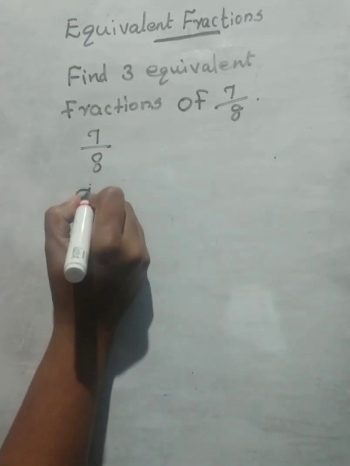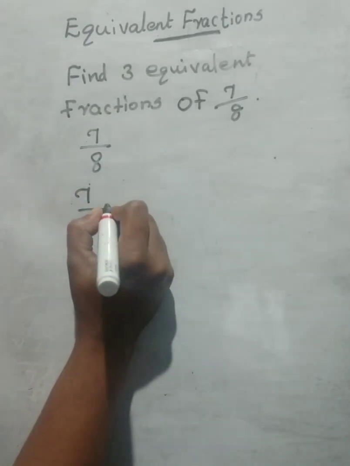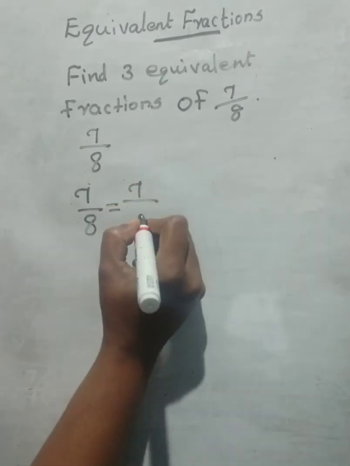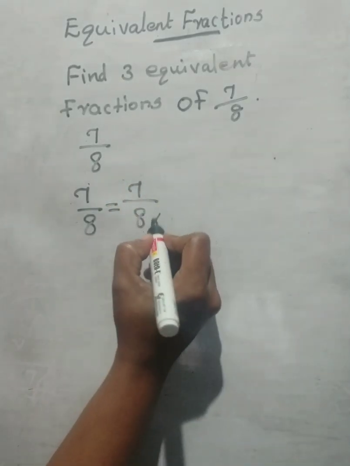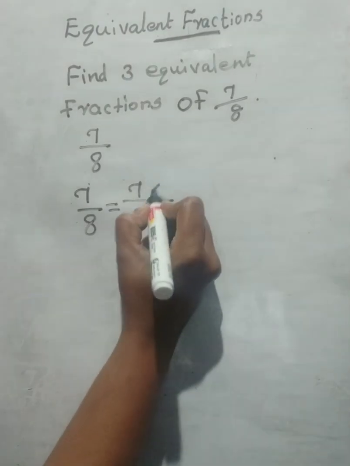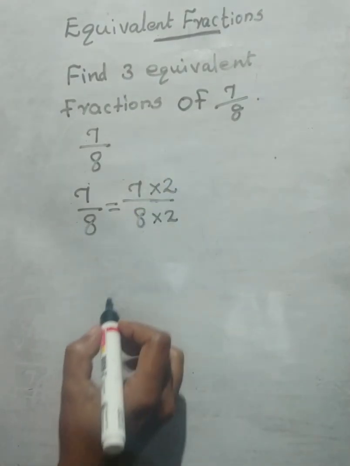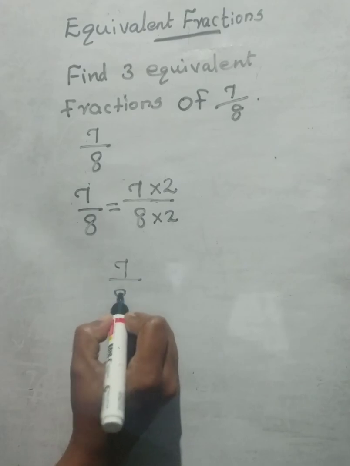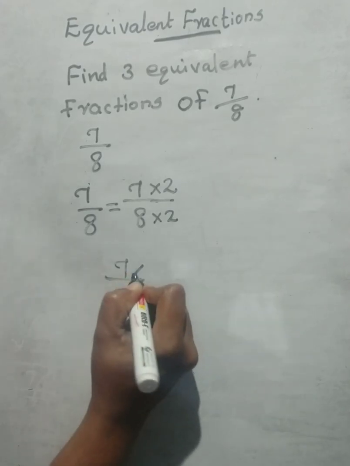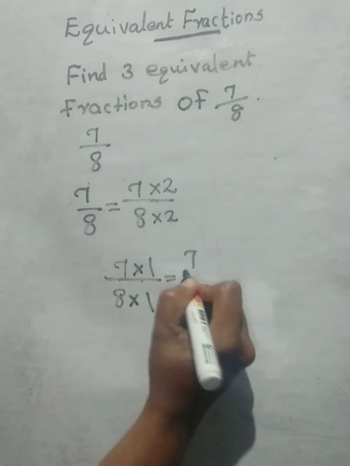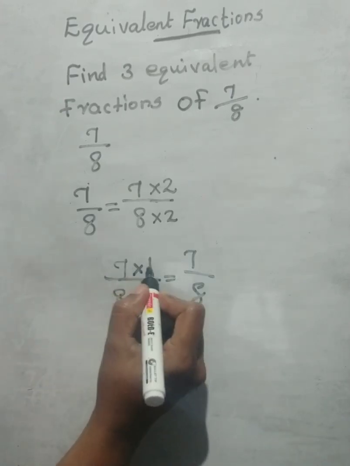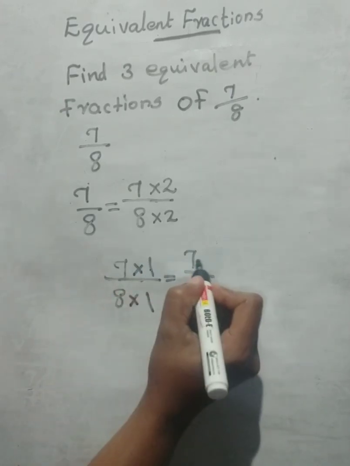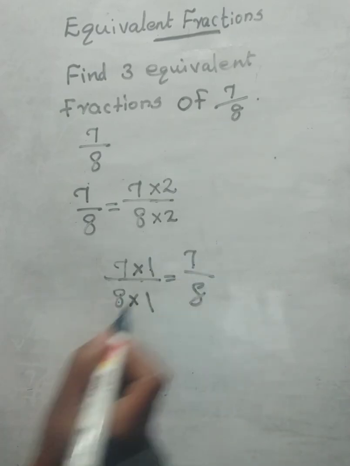So 7 upon 8 is equal to, first we can multiply both numerator and denominator by 1. If we multiply by 1, we will get the same fraction itself. 7 times 1 is 7 itself, 8 times 1 is 8 itself.